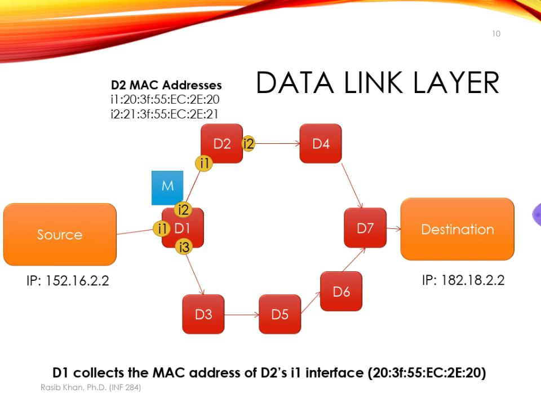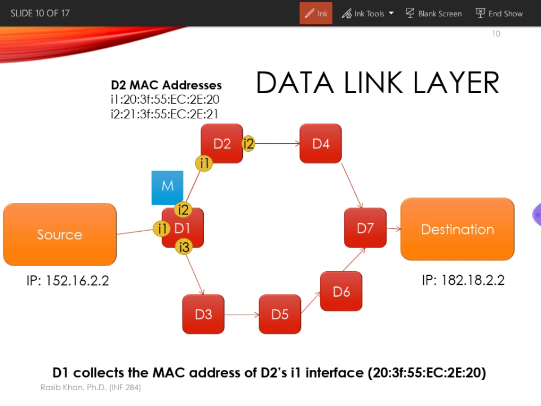Next, D1 collects the MAC address of D2's I1 interface, because that is the interface that D1 is going to directly send it to. So this direct connection will allow the message to be sent to D2.